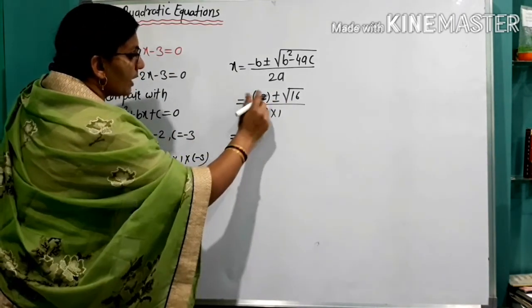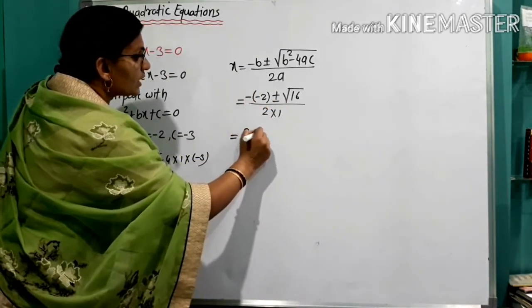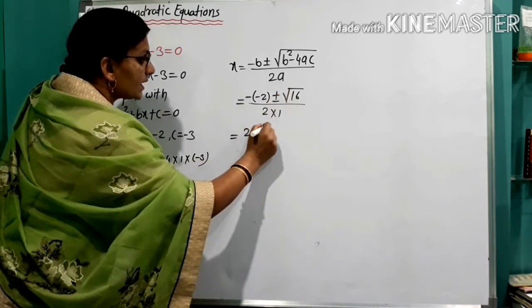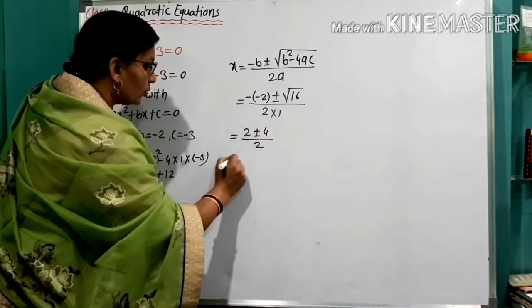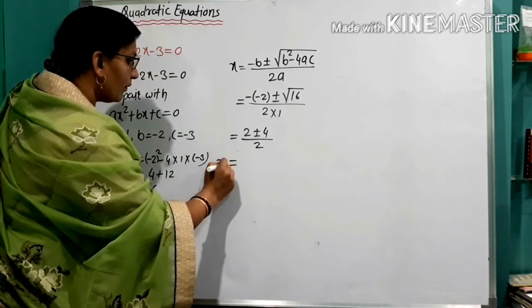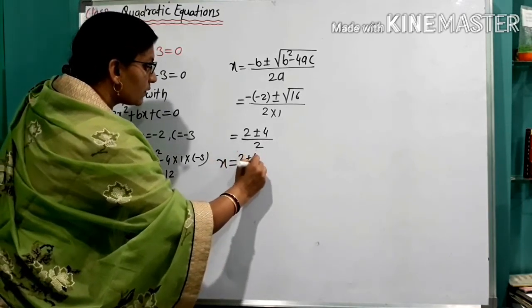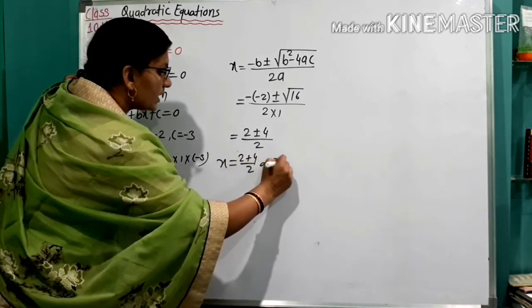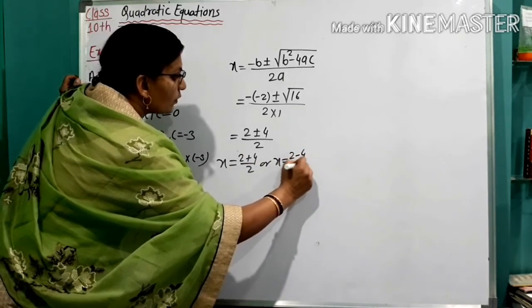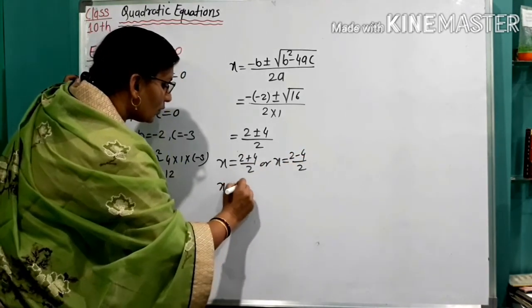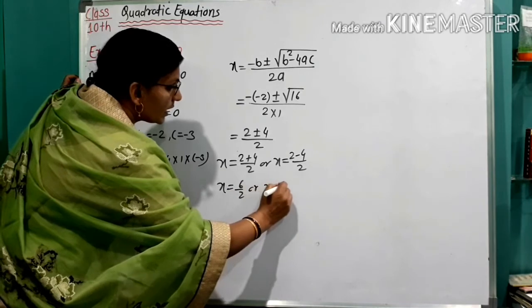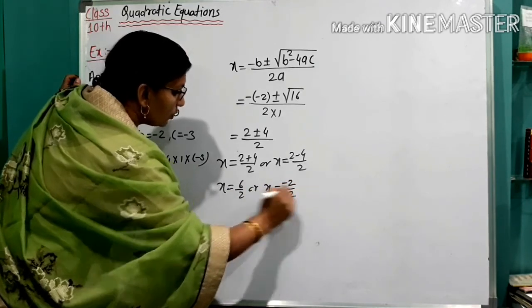Therefore it is minus minus plus 2 plus or minus the square root of 16, which is 4, divided by 2. Therefore x equals (2 plus 4) by 2 or x equals (2 minus 4) by 2. Therefore x equals 6 by 2 or x equals minus 2 by 2.